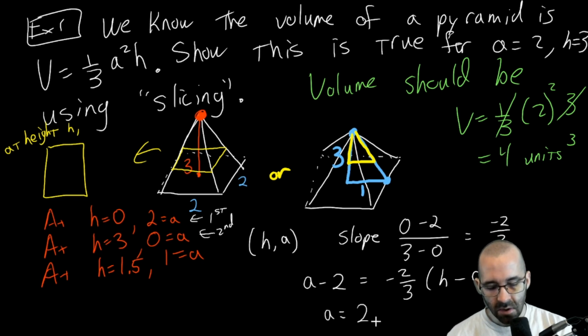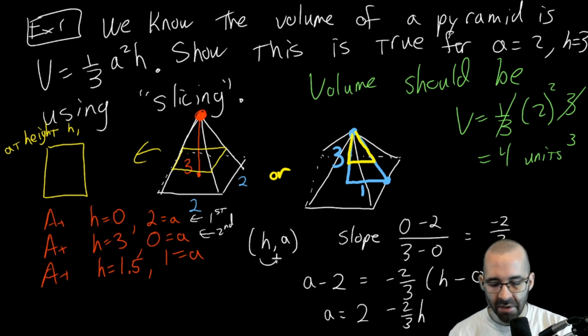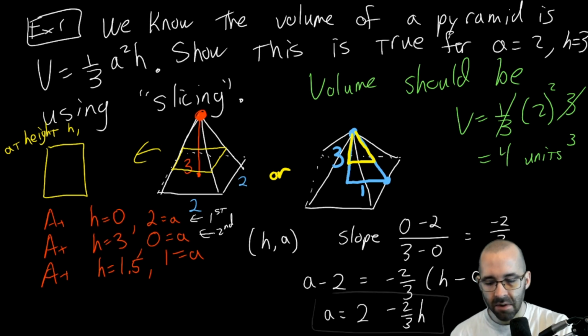So a is just 2 minus 2/3 h. Now this is a little backwards from what we wanted, so it probably would have been better if I switched these. But it doesn't matter, it works either way. At any height, what is that cross-sectional area? Oh, we did do it right. At any height, a is 2 minus 2/3 h.